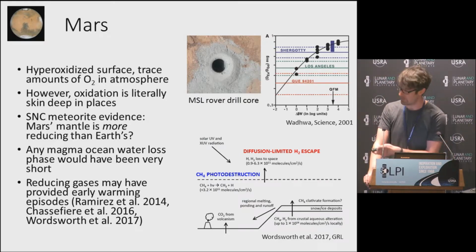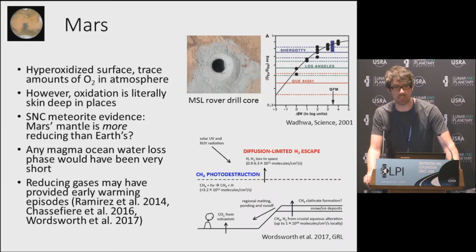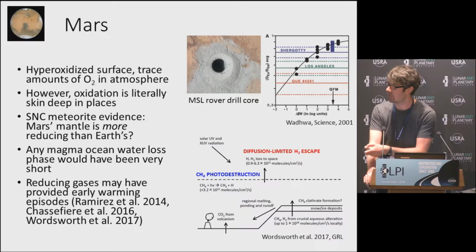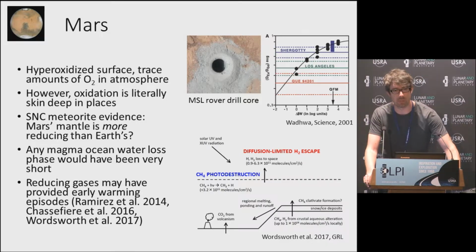So that supports the idea that that route to oxidation wouldn't have been significant. And finally, reducing gases may have potentially been very important for Mars's early climate. A number of mechanisms have been put forward for either long-term or episodic warming of the Martian climate through CO2 in combination with hydrogen and methane, in a similar fashion to the way that nitrogen and hydrogen are known to cause warming through CIA.